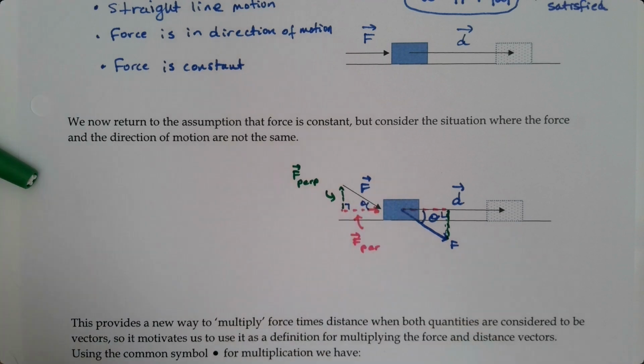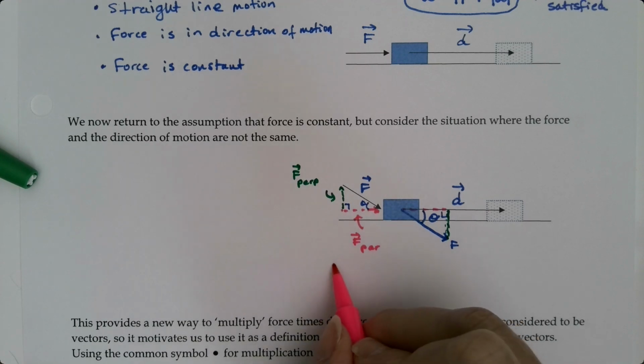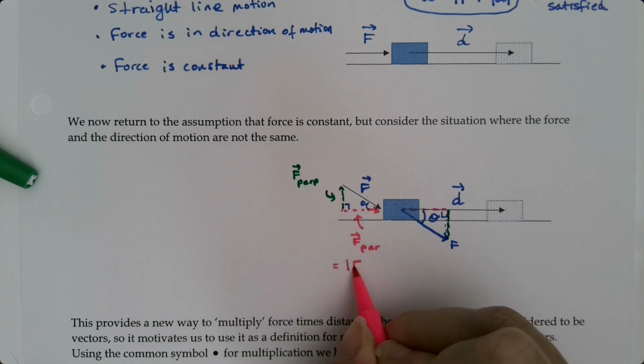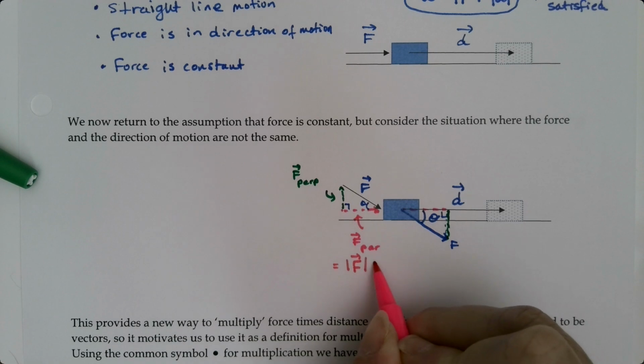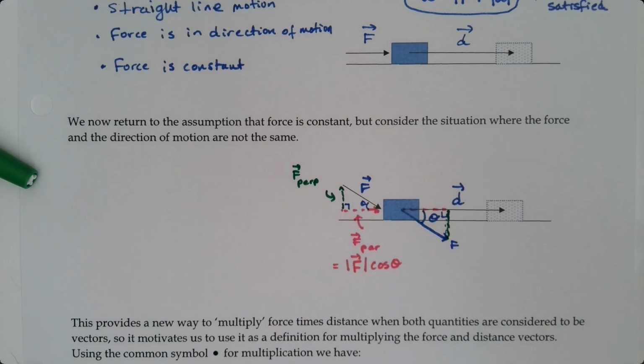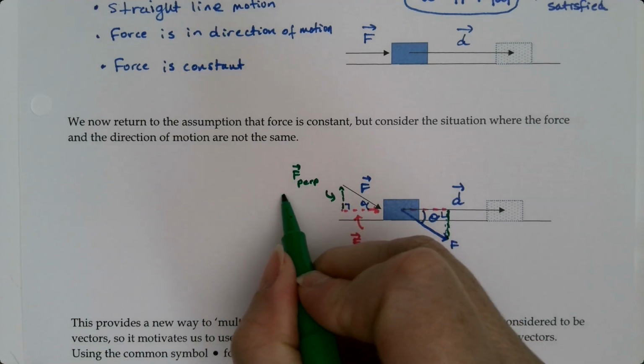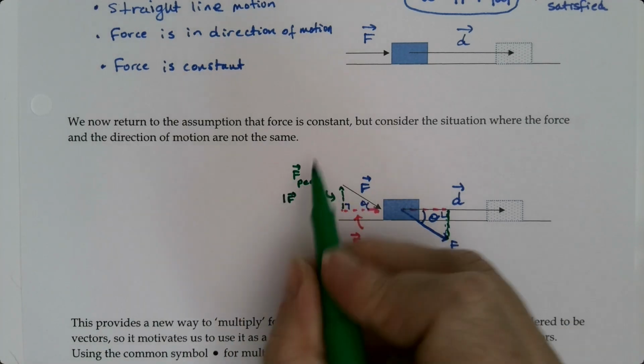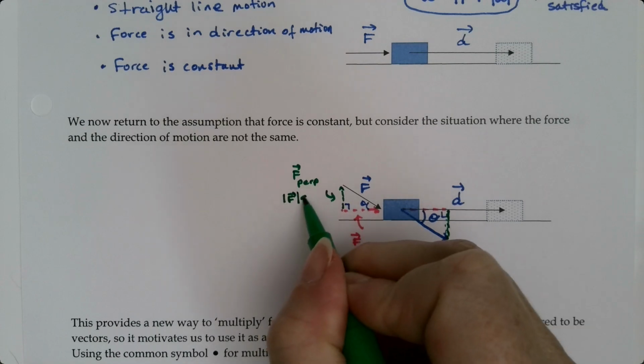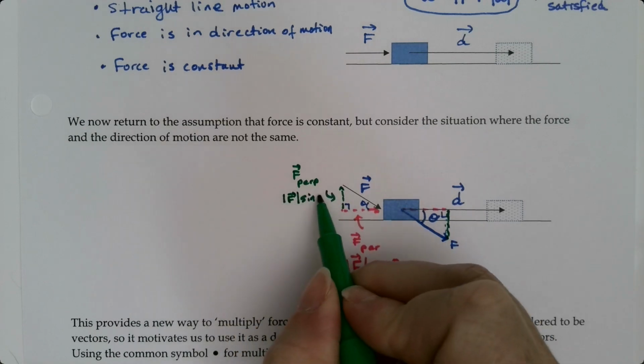In other words, it's adjacent over hypotenuse. So this would be the magnitude of F times the cosine of the angle. And similarly, the length of this piece over here would be the magnitude of F times the sine of theta.